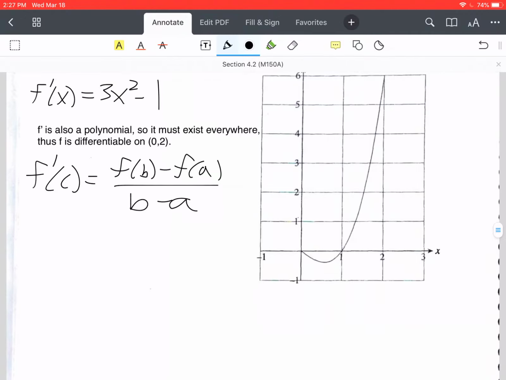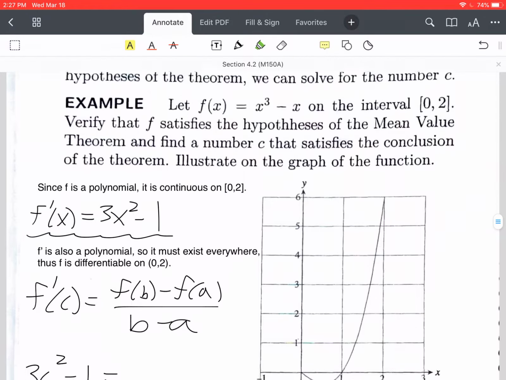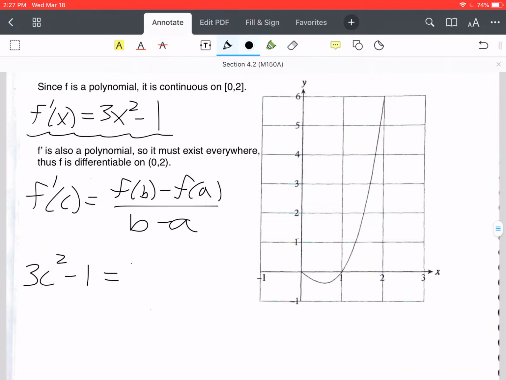So f prime of c, well, that's just the derivative up here, but with c instead of x. So that's just a notational thing. So that's just 3c squared minus 1 equals f of b minus f of a over b minus a. In this case, we're going from 0 to 2. So this is f of 2 minus f of 0 over 2 minus 0.